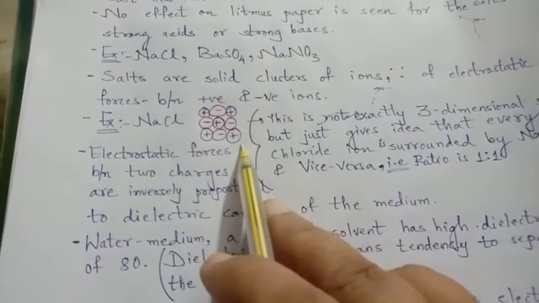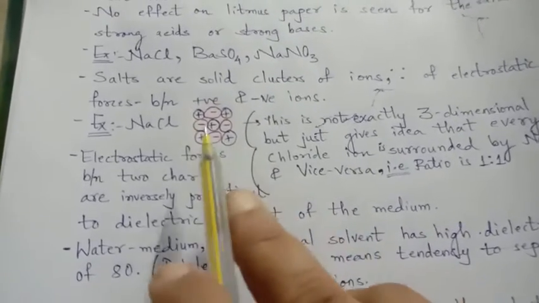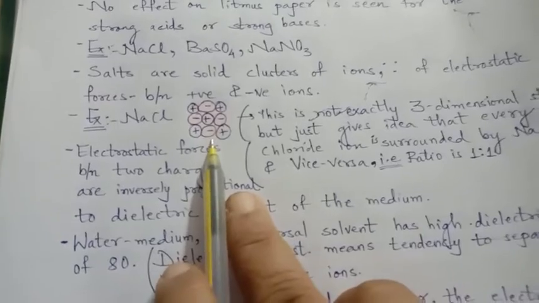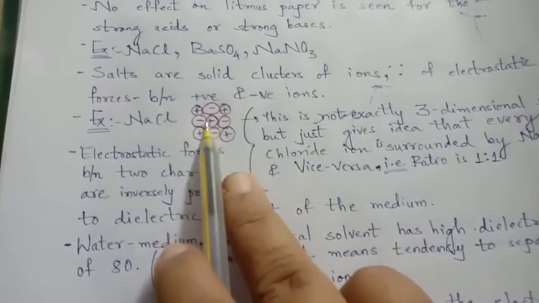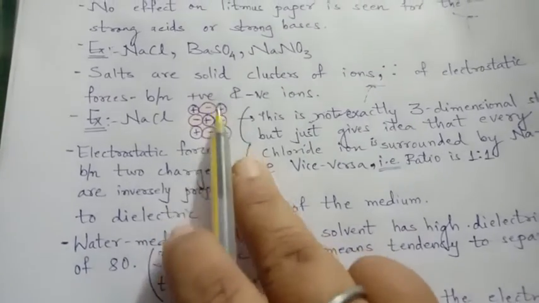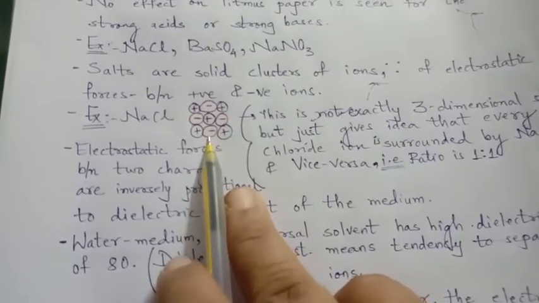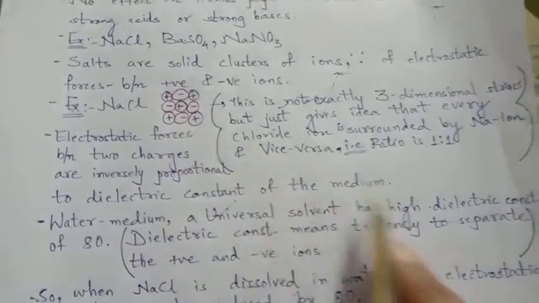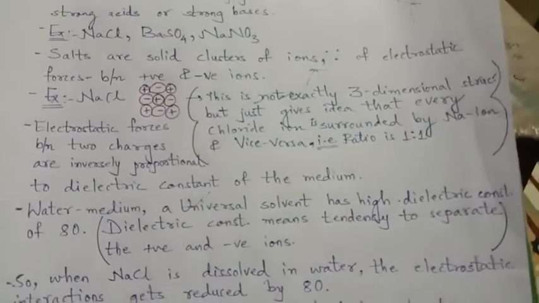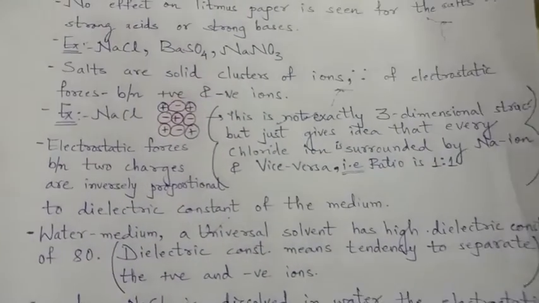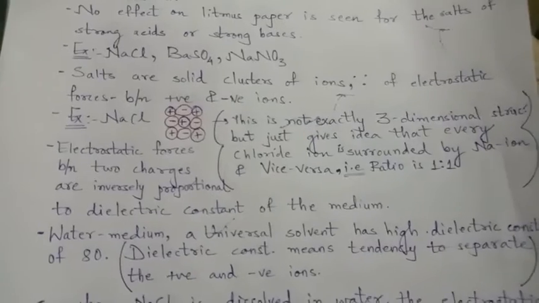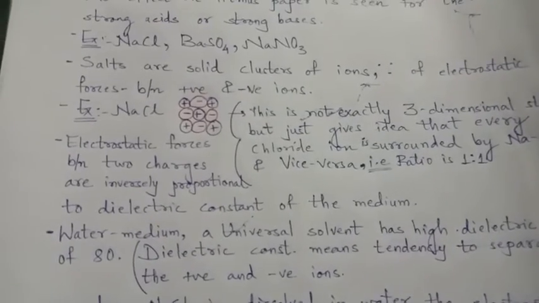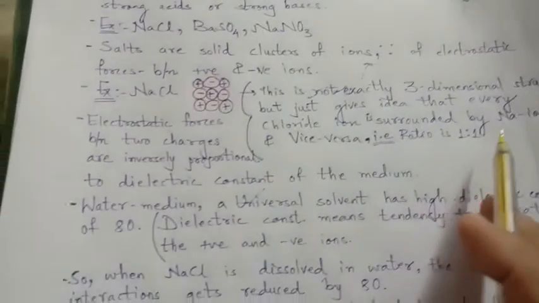The lattice form is three-dimensional, but this is just one surface I have shown, so we can see that positive ions are surrounded by negative ions and negative ions are surrounded by positive ions. That is, Na+ is surrounded by chloride and chloride ion is surrounded by Na+, in the ratio 1:1.